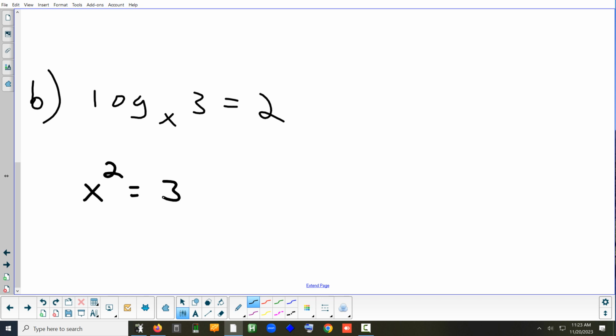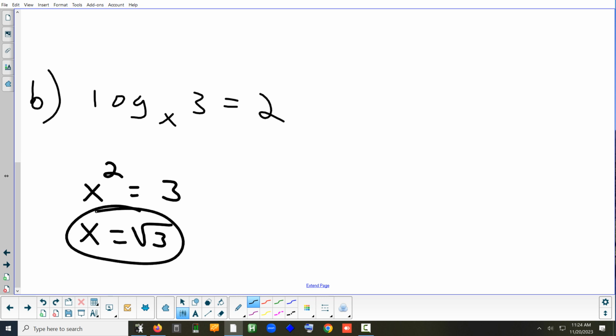Rory, how do I solve that? You would square root it. Okay, and when you square root it, you get that. Now, should I do positive or negative root, or just the positive? Yeah, just the positive, because remember what we said about the domain.